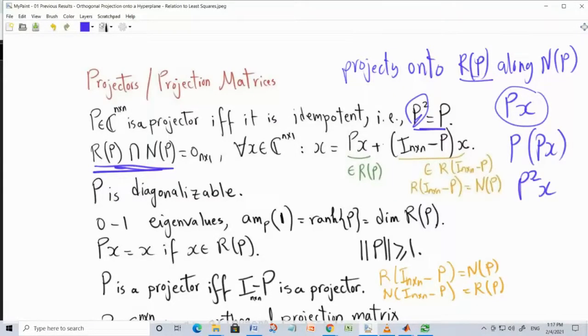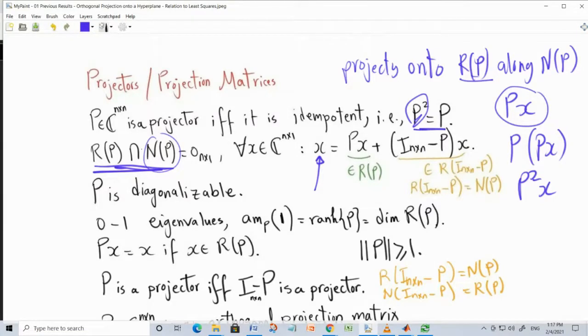And you can take any arbitrary vector in the n-dimensional space and express it as the sum of two vectors, one of them living in the range and the other living in the null space. So for projectors, we have this important property: the intersection of the range and the null space is just the all zero vector.